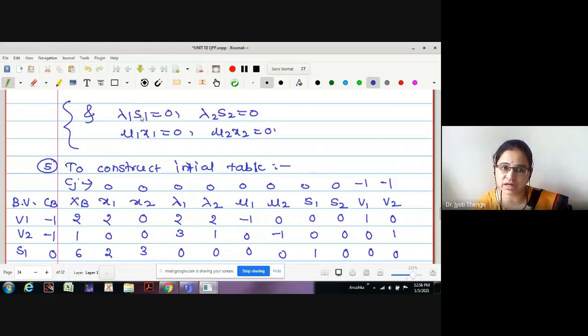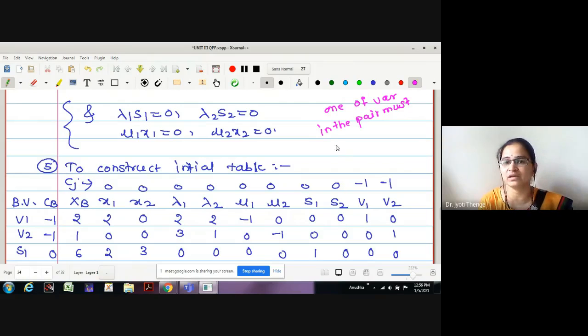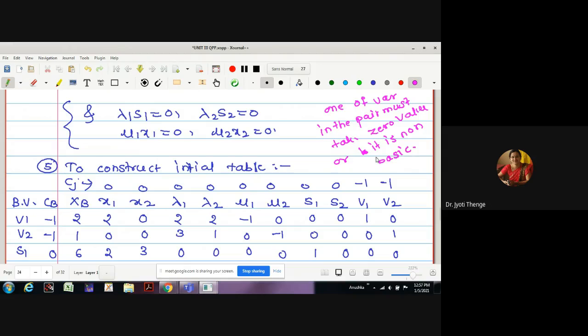Reverse also: if S1 is already present in the basis, we cannot enter lambda 1, because if both take non-zero values, this condition gets disturbed. Therefore, one variable in the pair must take zero value, or be non-basic, because we know the value of a non-basic variable is 0.